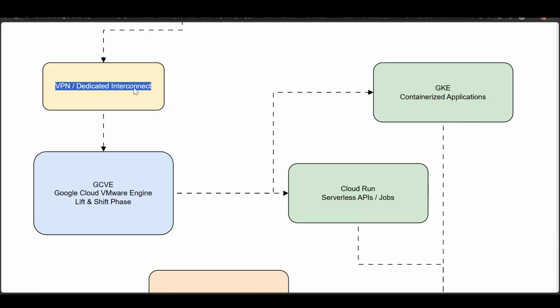The communication of this virtual machine transfer should be secured, and we need a VPN or dedicated interconnection between your on-prem data center and the Google Cloud data center. There are two main options. You can use a VPN, which is a quick setup but has limited bandwidth. VPNs, as you know, come with limited bandwidth.